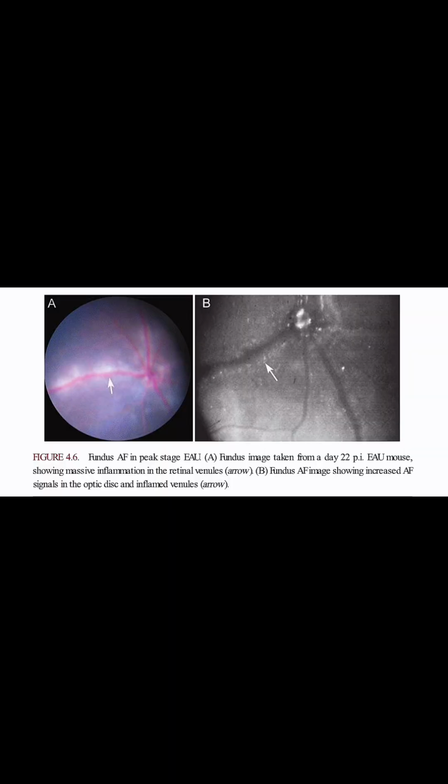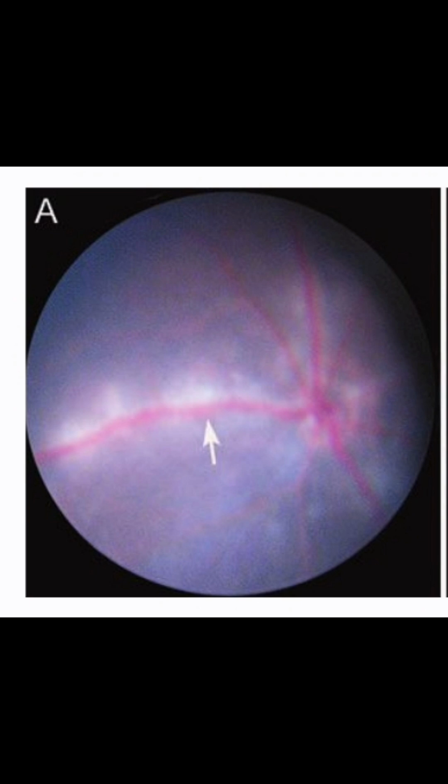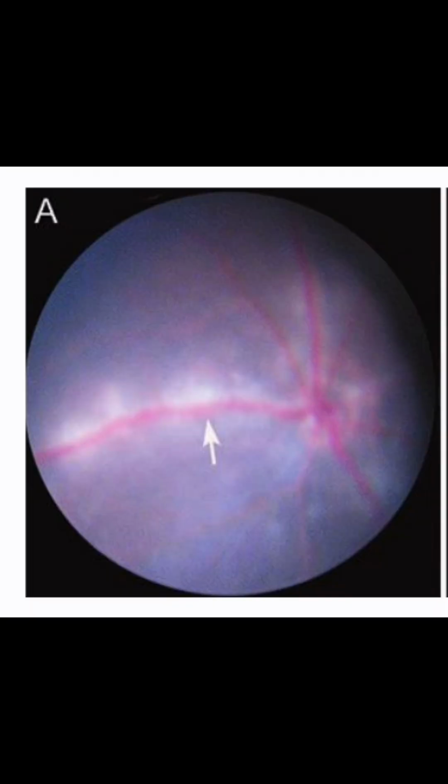There is a white area around the vessels, that is the inflamed area, and engorgement of the venules seen here with a little bit of tortuosity.